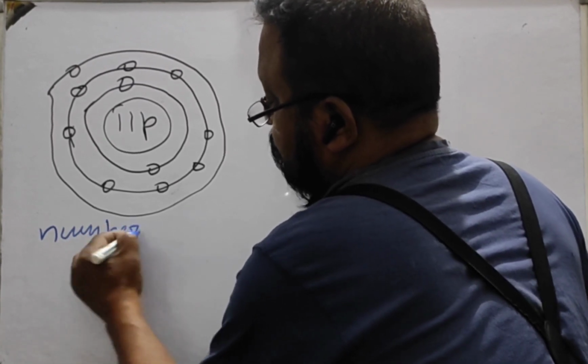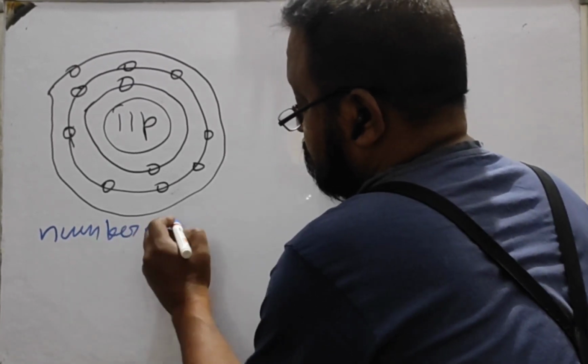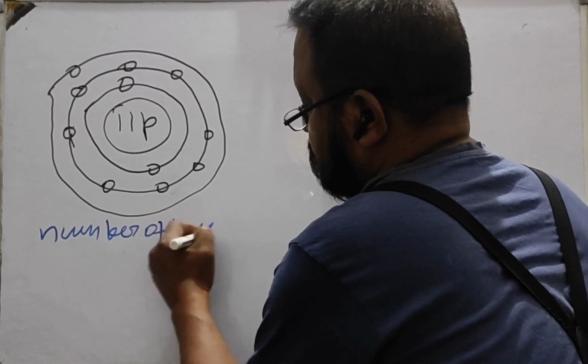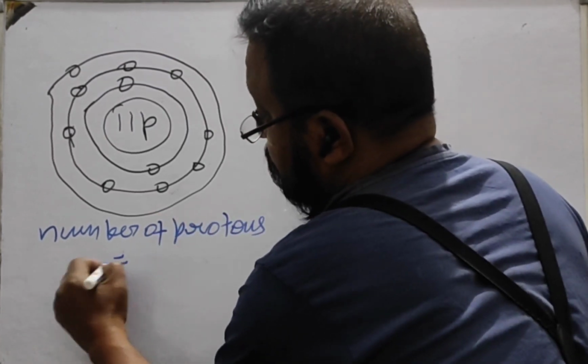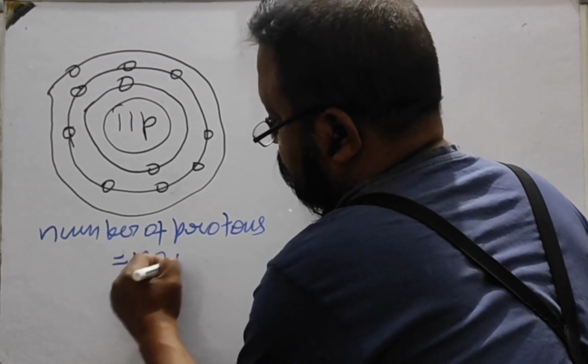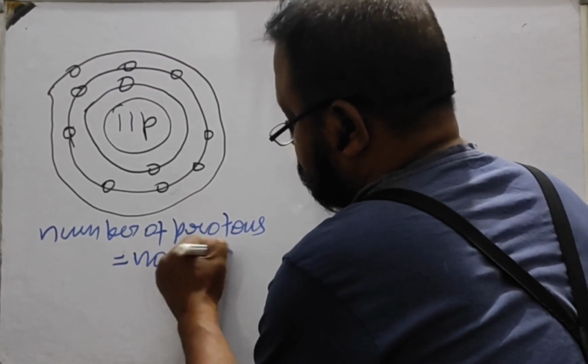So the number of protons is equal to the number of electrons.